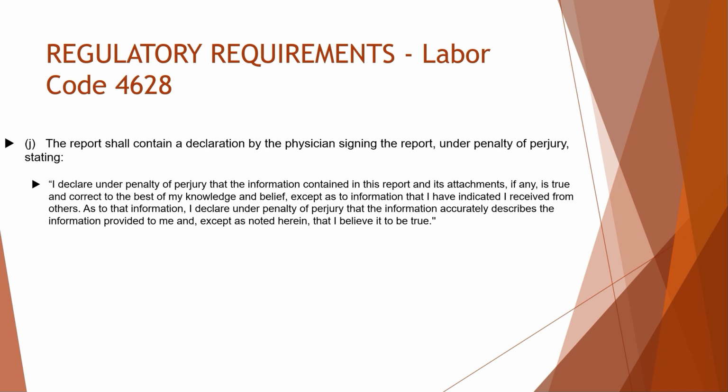As to that information, I declare under penalty of perjury that the information accurately describes the information provided to me, and, except as noted herein, that I believe it to be true.